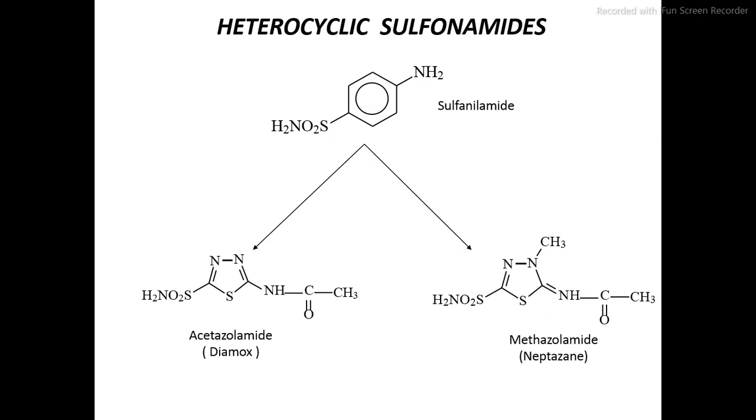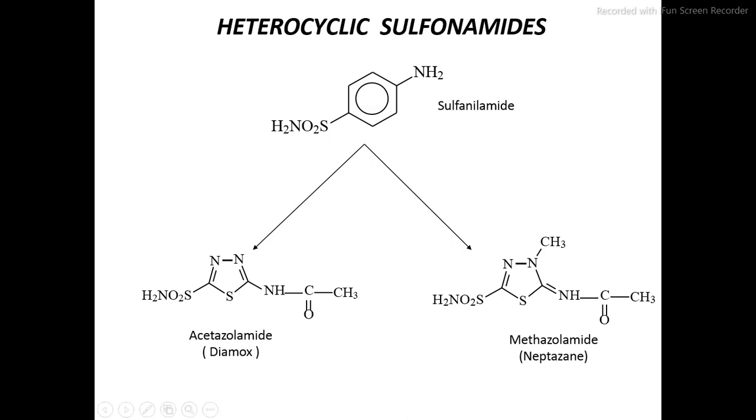The first molecule, the prototype, is acetazolamide, and in the second molecule we have only a methyl substitution of one of the nitrogens of the thiadiazole, and it is methazolamide. Both have comparatively good carbonic anhydrase inhibition activity.